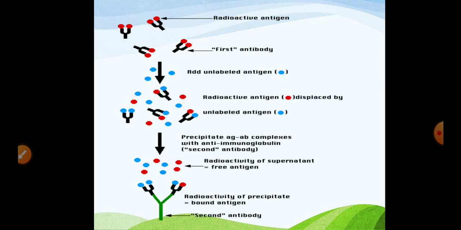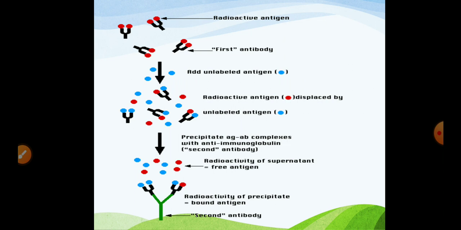First, we need to prepare radioactive antigens along with antibody. This is the first, primary antigen antibody complex. Then later we need to add unlabeled antigens, like sample antigens, because here we are going to test whether the sample antigen has the specific antibody or not.